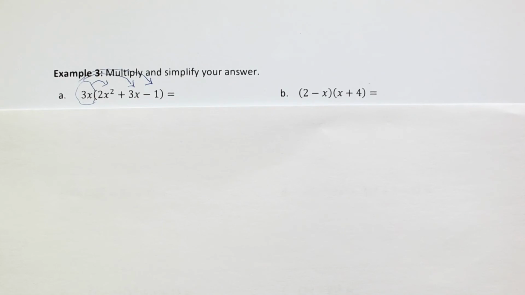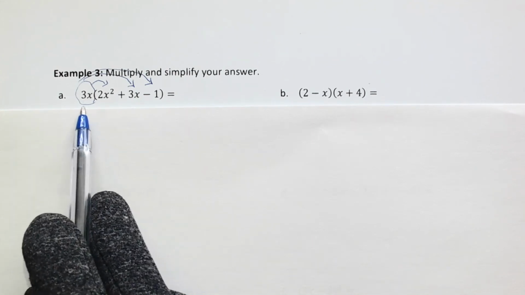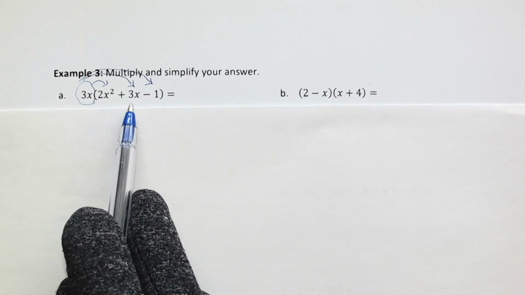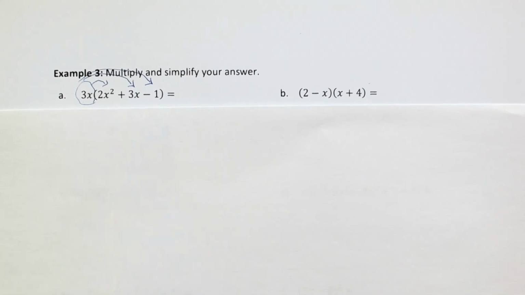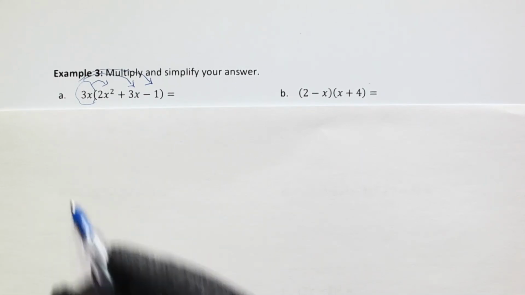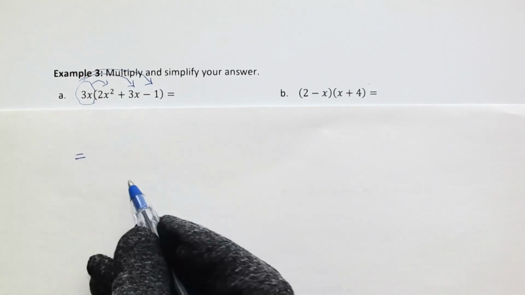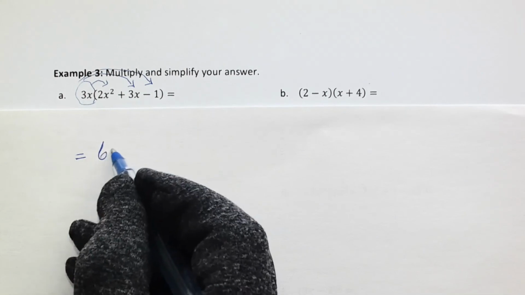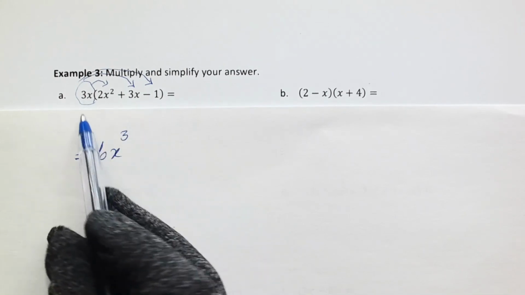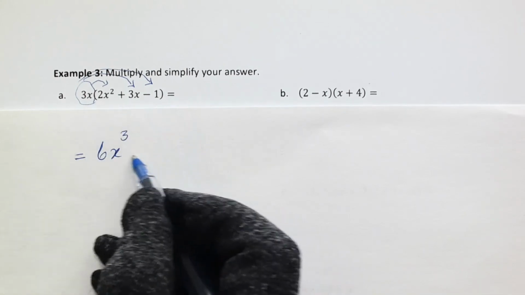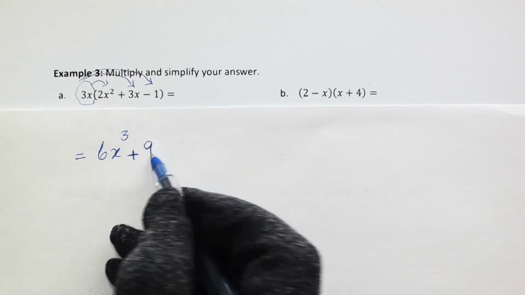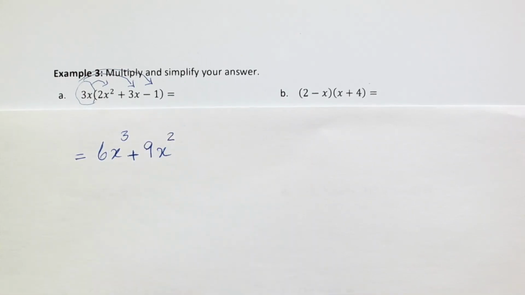Multiplication of polynomials is the same as multiplication of expressions. For example, the first example, 3x times (2x squared plus 3x minus 1). This is the distributive property. 3x times 2x squared is 6x cubed. 3x times positive 3x: 3 times 3 is 9, x times x is x squared, so plus 9x squared.